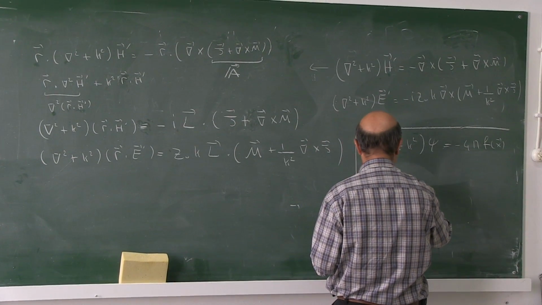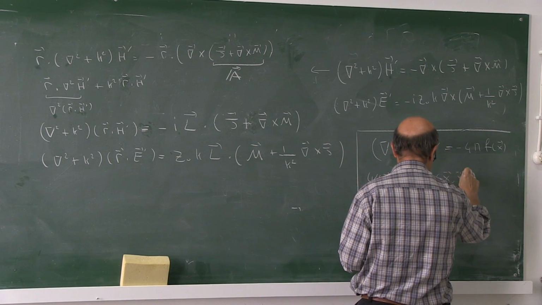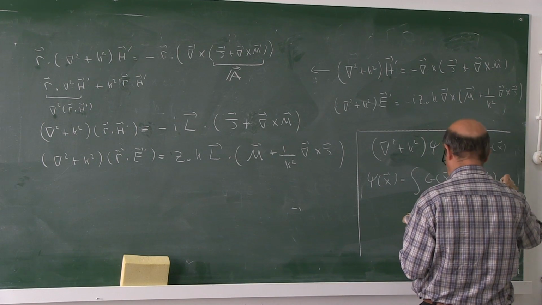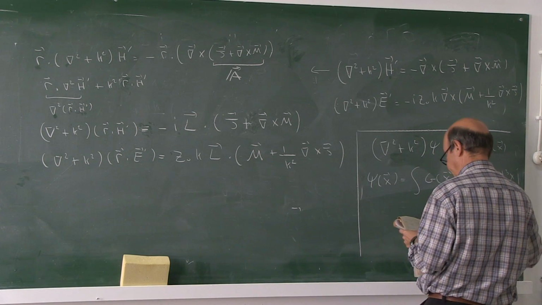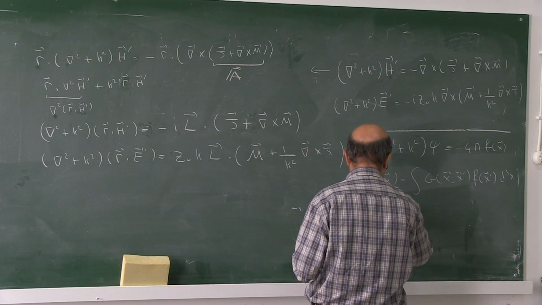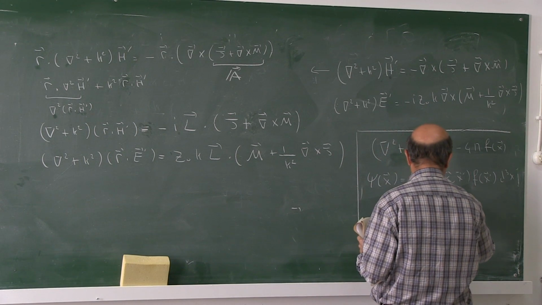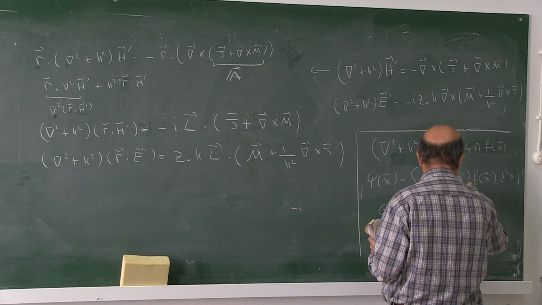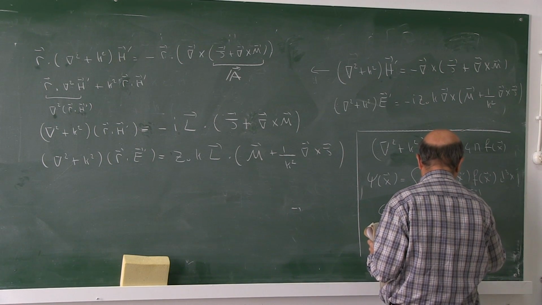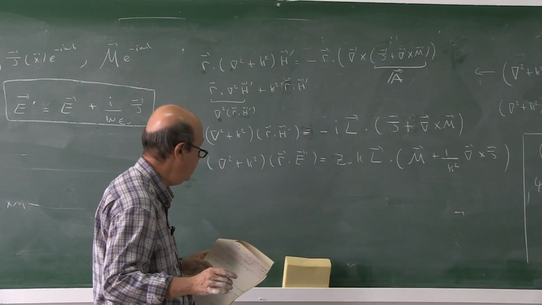Phi of x should be the Green's function G of x, x prime times the source, integrated through the volume. And the Green's function G of x, x prime is e to the ik times x minus x prime over x minus x prime. This is for any non-homogeneous wave equation.